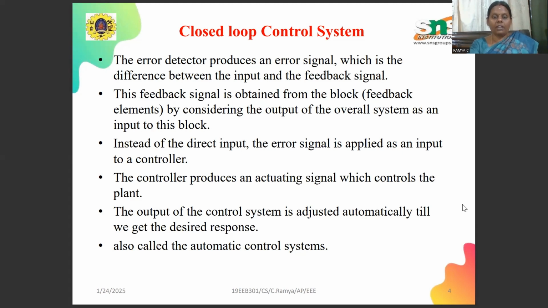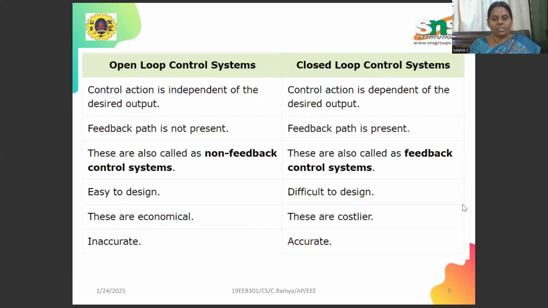Instead of a direct input, the error signal is applied as the input to the controller. The controller produces an actuating signal which controls the plant. The output of the control signal is adjusted automatically until we get the desired output. In this way, we call the closed loop control system an automatic control system.